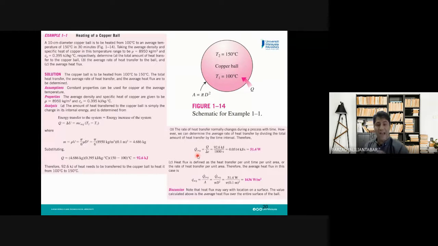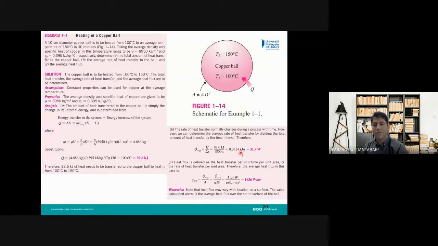Then Q dot average, or average heat transfer rate, is equal to Q, or heat transfer value, divided by delta t, or duration. Q is calculated, delta t is 30 minutes, or we need to convert to seconds. 30 minutes means 1,800 seconds.